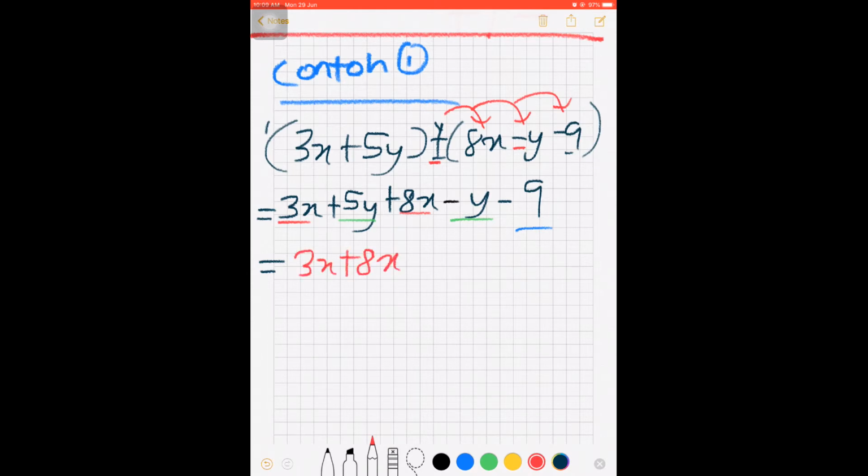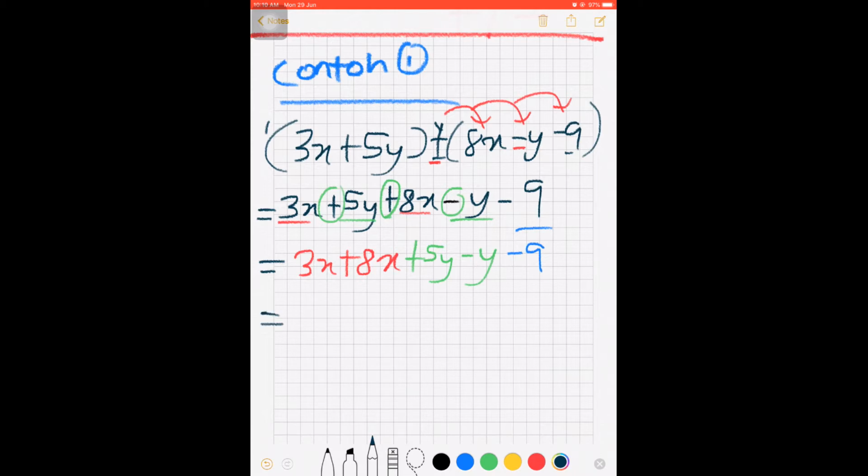Remember to take the sign in front of the number. So if I 5y, I have to take positive 5y. So plus 5y and then minus y, then minus 9. You can see I have three separate variables. Ada x, ada y, ada yang tak ada langsung.